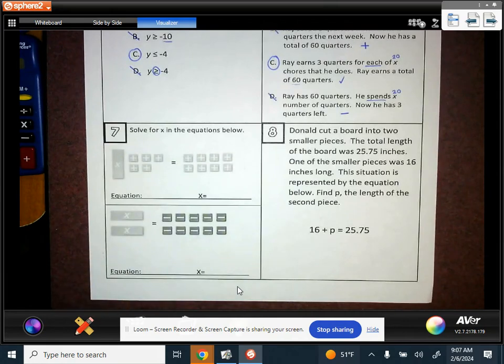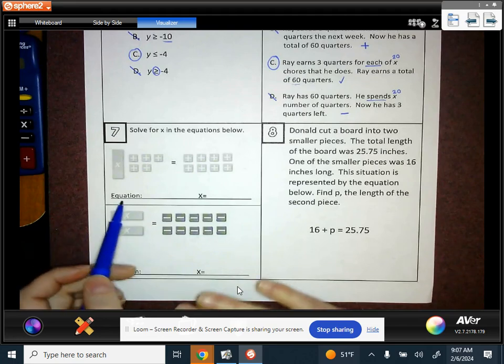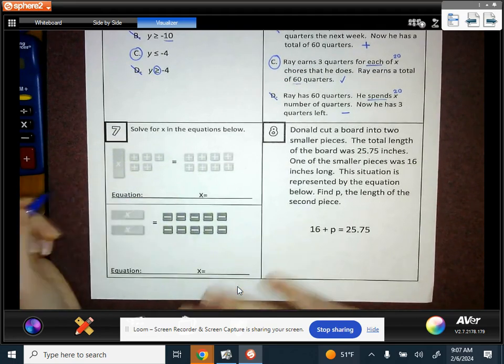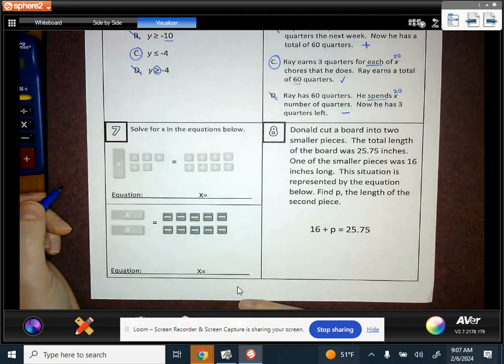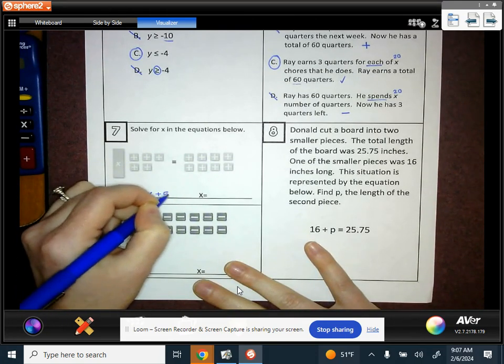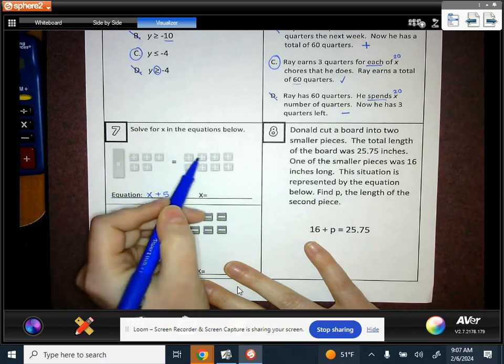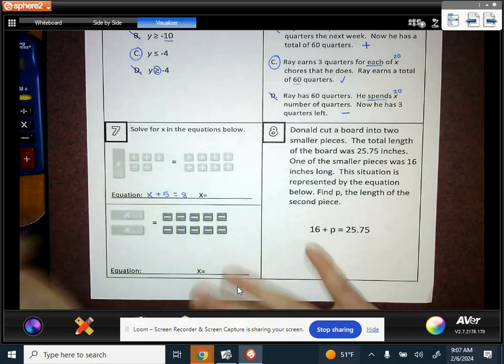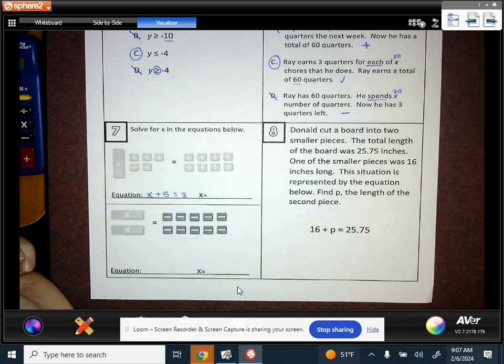On number 7, we've got some models here, and we want to solve for x. So first, I want to know what the equation says. If you've practiced on IXL, you should recognize these. So this one is x plus 5, because there's 5 more next to it, and over there it equals 8. If you know how to solve that, you could do it that way.